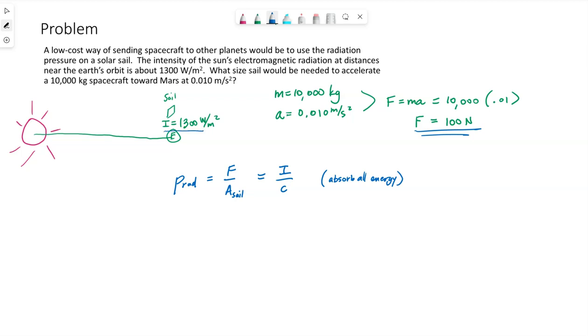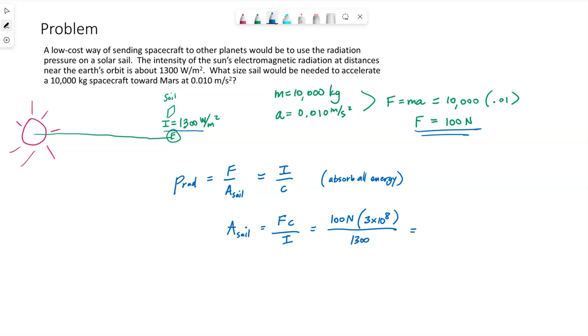We've been given the intensity of the light, we have the speed of light, so we actually can calculate the area, at least, force times speed of light over intensity. So 100 newtons times the speed of light over our intensity.